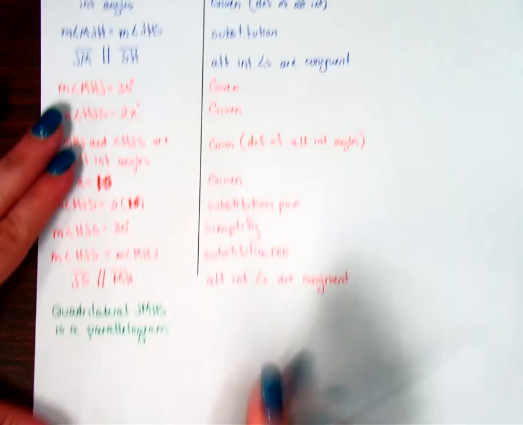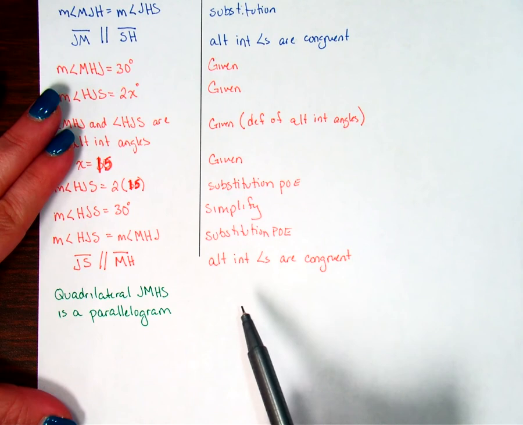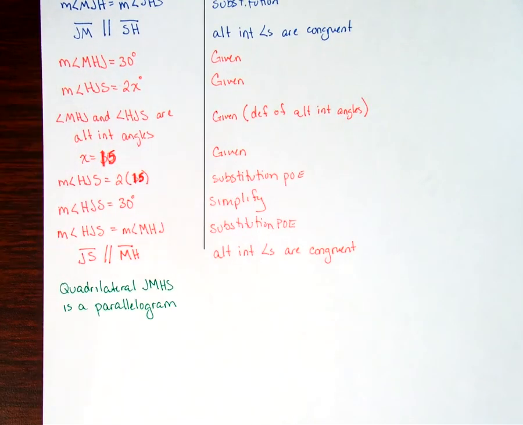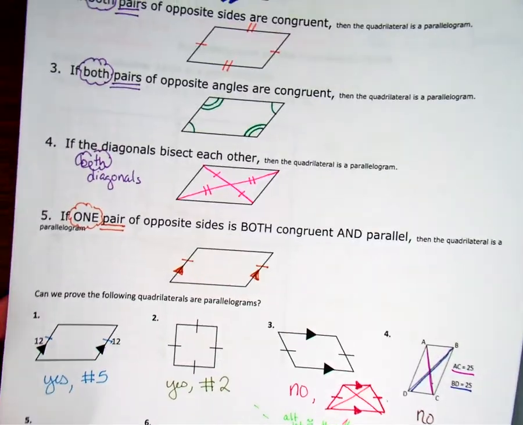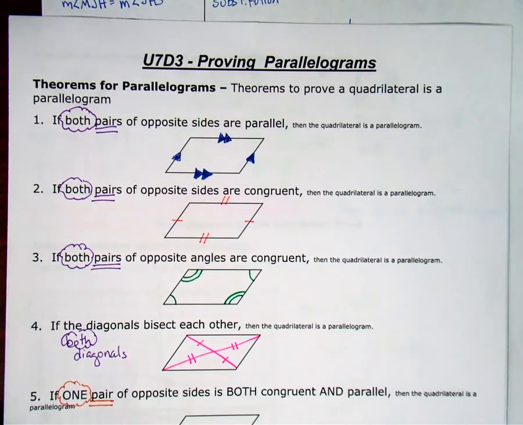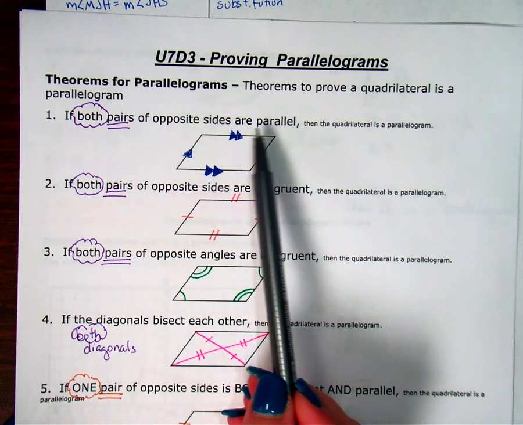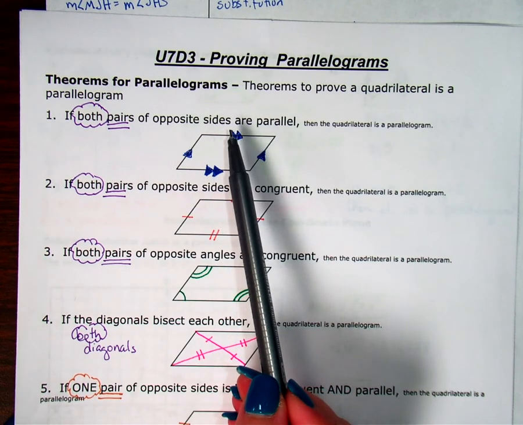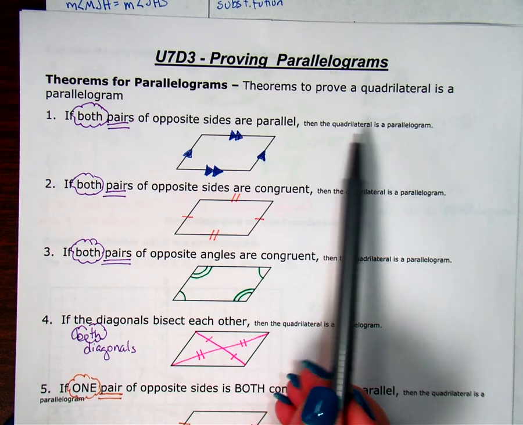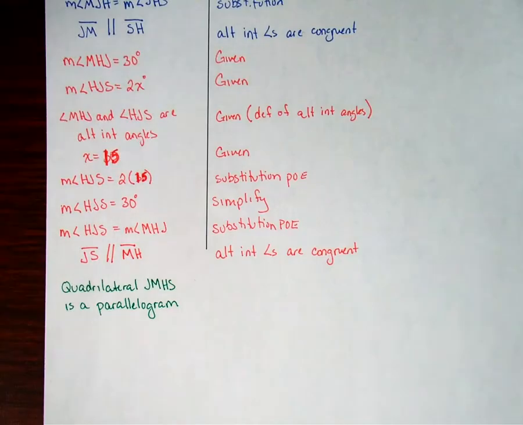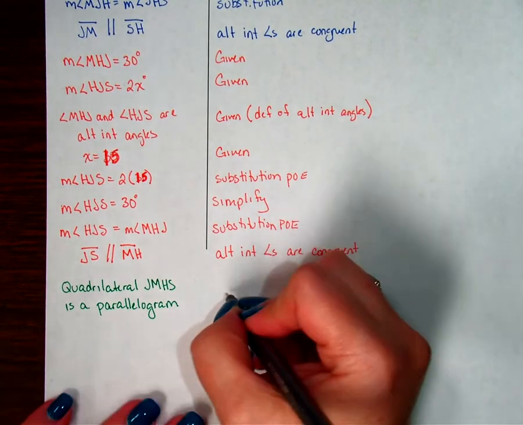But remember, we don't write prove out here. We need to know which of these theorems, which of the 5 theorems did I use to prove it. I said I proved that both pairs of opposite sides are parallel. So this is the theorem that allows me to say that quadrilateral is a parallelogram because both pairs of opposite sides are parallel.